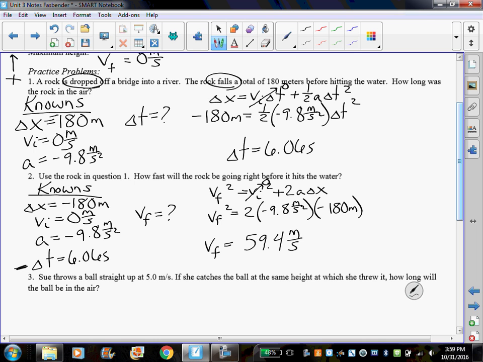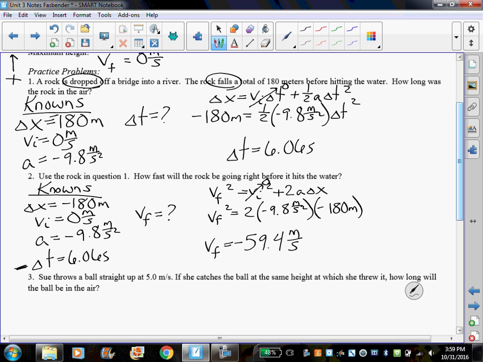Now, we have to ask ourselves, is this final velocity up or is it down? Because right now we're saying that this rock is ending with a velocity of 59.4 meters per second up because it's positive 59.4 meters per second. But really, we know that this rock would be falling down, so we're going to add a negative sign out there to show that this rock is in fact going down.